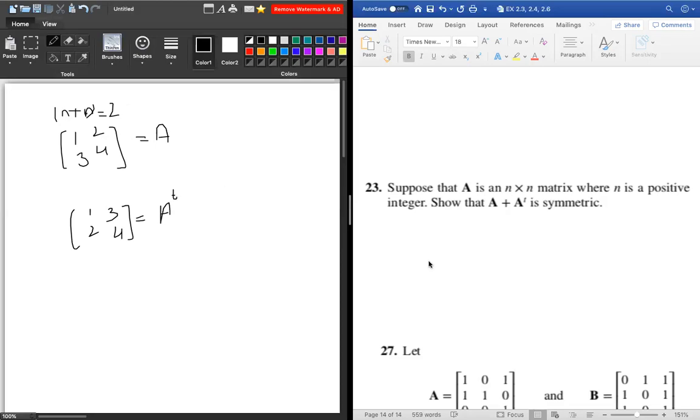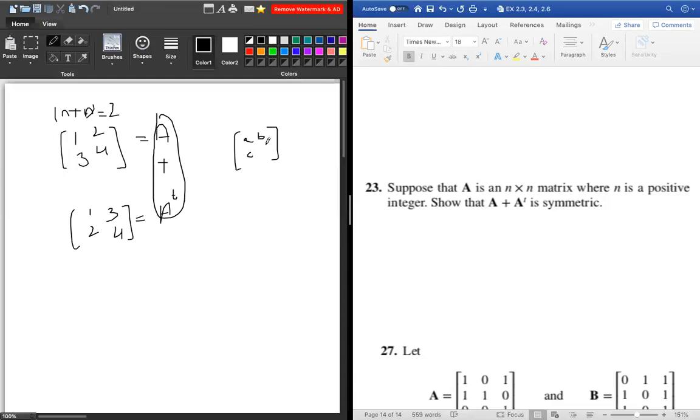Okay, so we are supposed to show that A plus A transpose, this one over here, is symmetric. That is, they have the same values at the same places. Whatever the result of A plus A transpose is, let's say it is a, b, c, d.